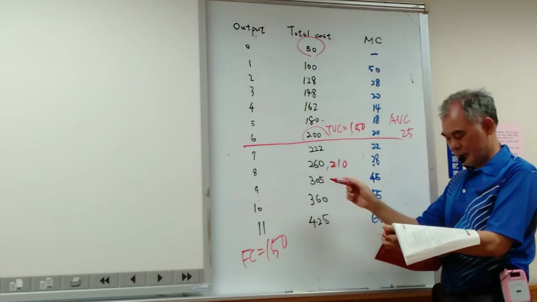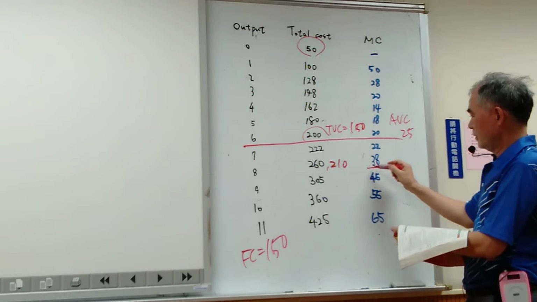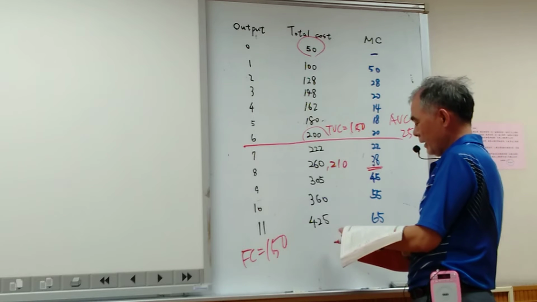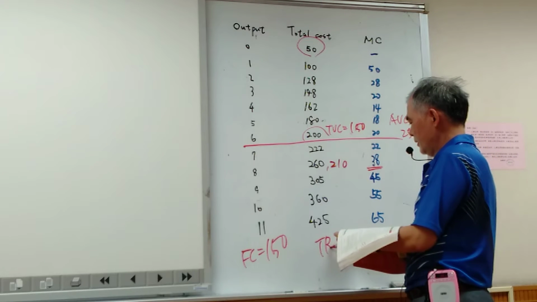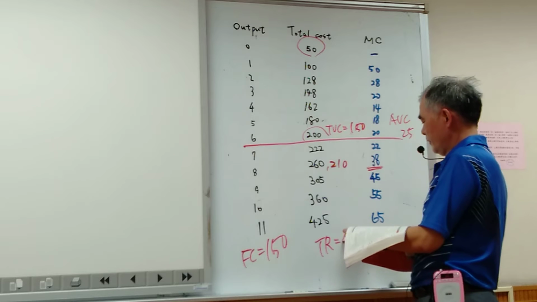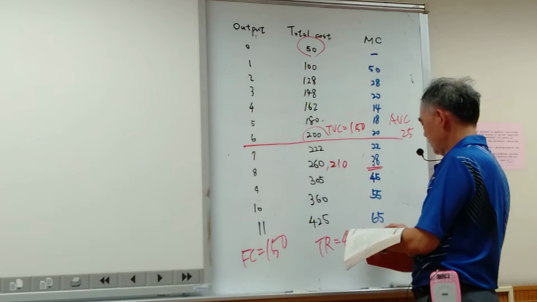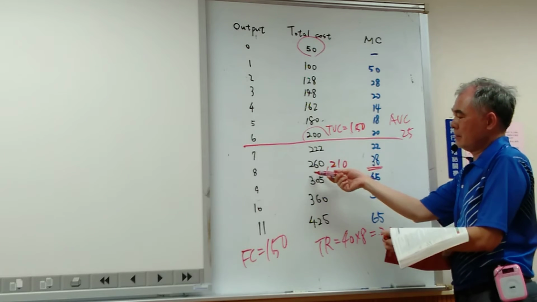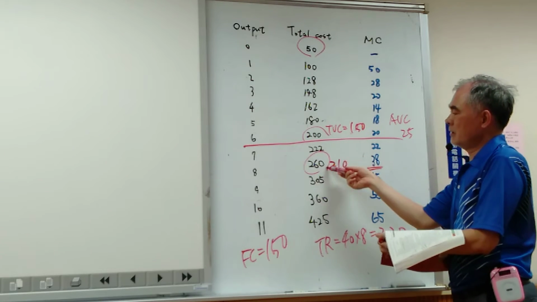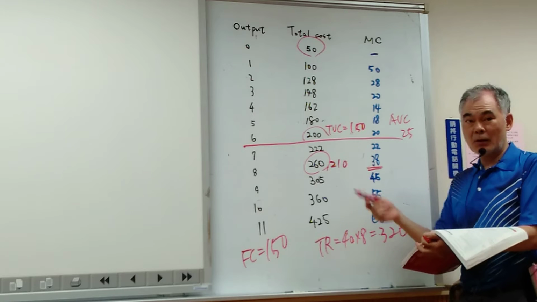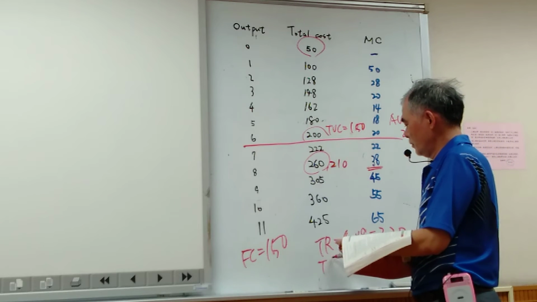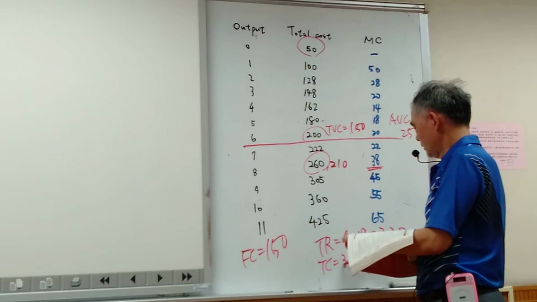Because the price is equal to 40, the production level is 8. So total revenue is equal to 40 times 8, so you get 320. But in this case, you're going to increase the cost by how much? By 100, so the total cost will be 360.